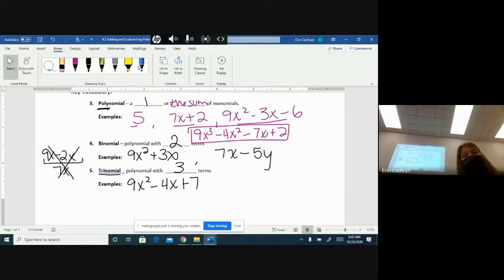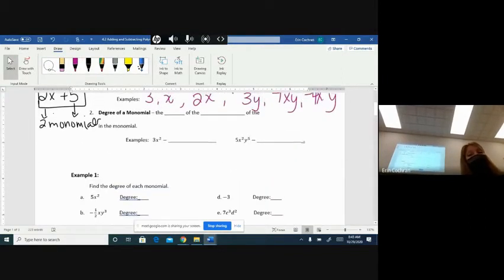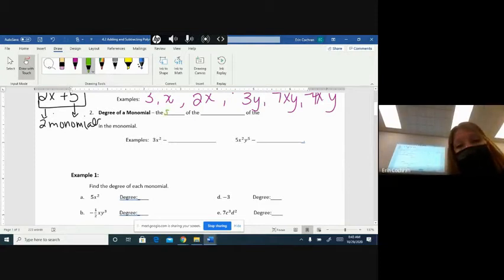All right, now, to find a degree of a monomial, okay, the degree of a monomial, it is the sum of the exponents of the variables in a monomial.